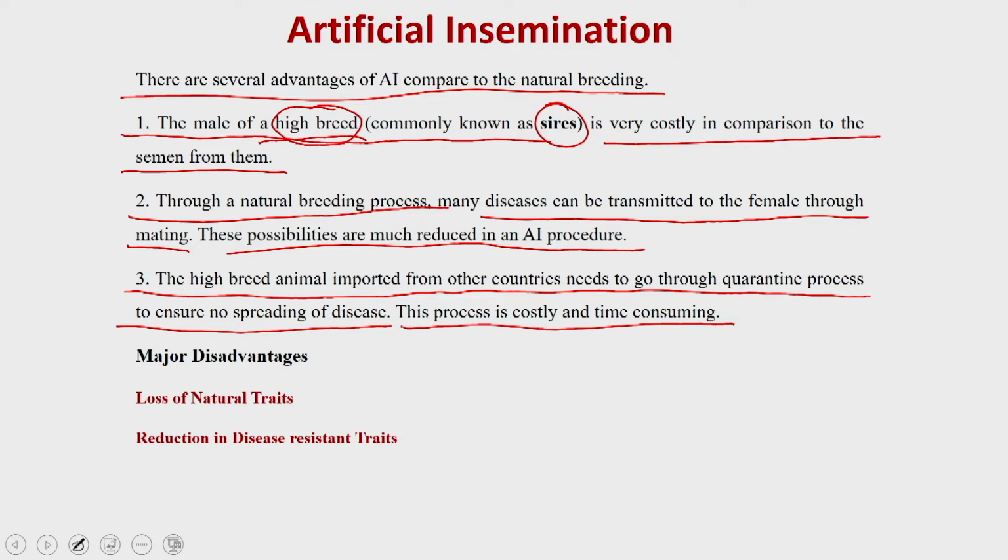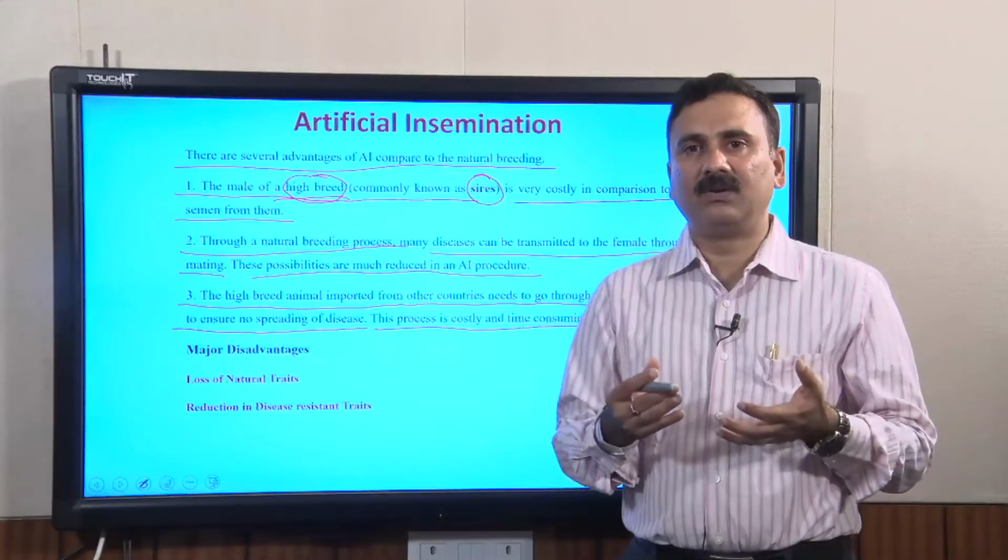So, you have three advantages. First, you do not have to go with the hybrid animals; you can easily take their semen and go for artificial insemination. With the help of expert technicians, you can get the same breed, but without going through the high cost of that particular breed.